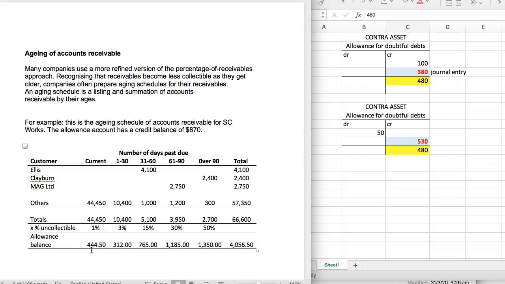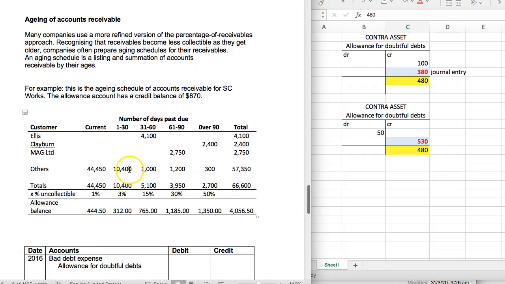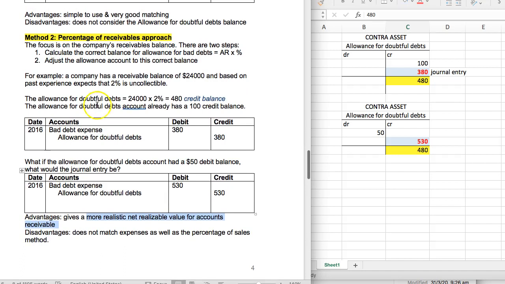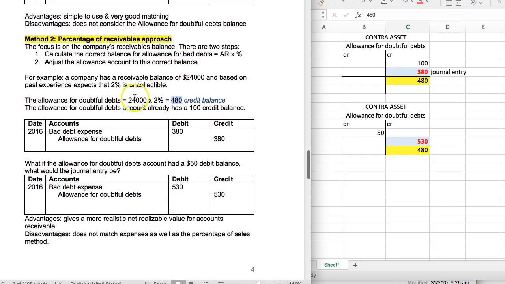Okay, so still thinking about the accounts receivable method, there's something else we can do to get more detailed information. Do you remember up here, how did we get 480? We had the accounts receivable and we multiplied by 2%.